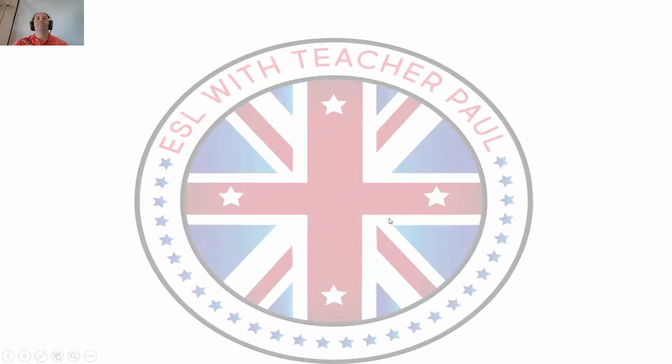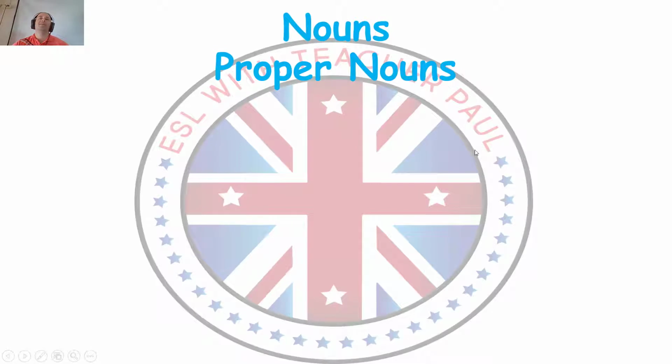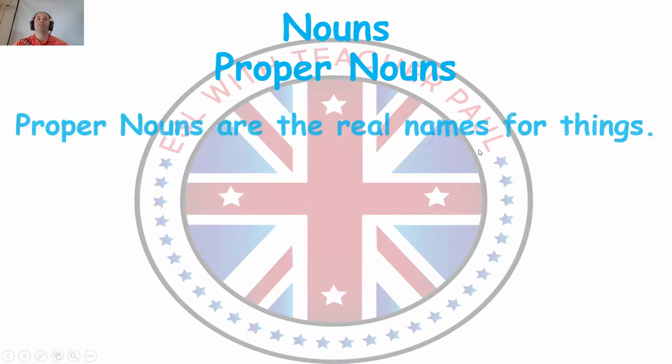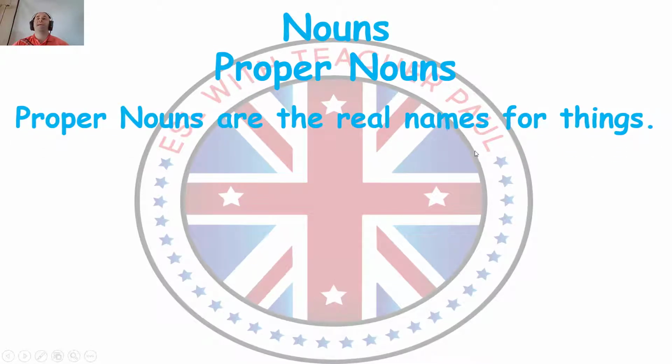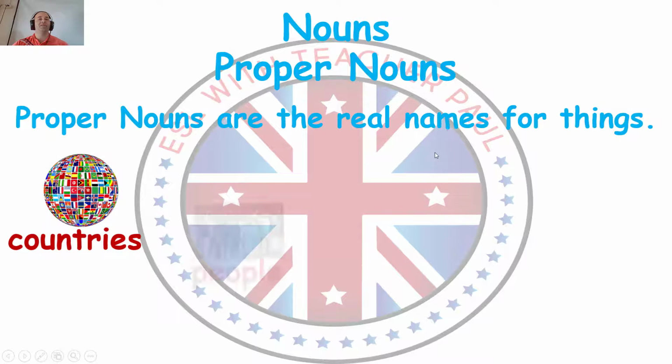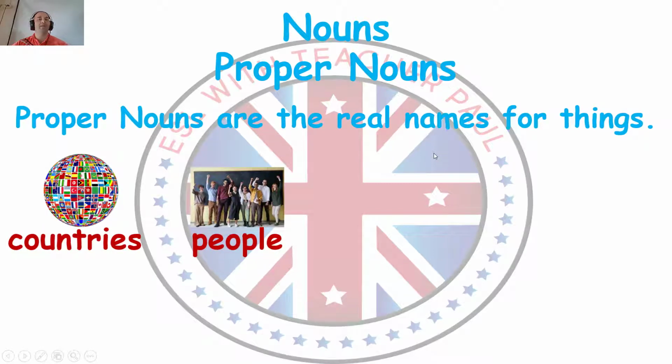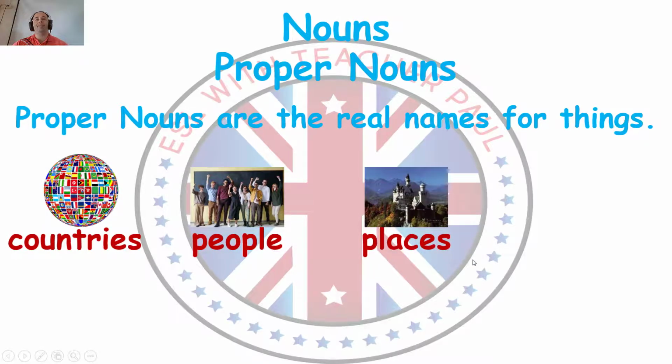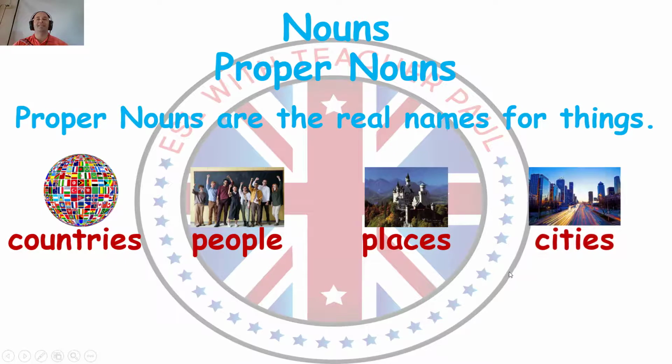Okay, the second kind are proper nouns. These are a little bit different. Proper nouns are the real names for things, okay? A special name for it, a real name for it. They can be countries, a person or people. They can be places or cities, things like this, okay?